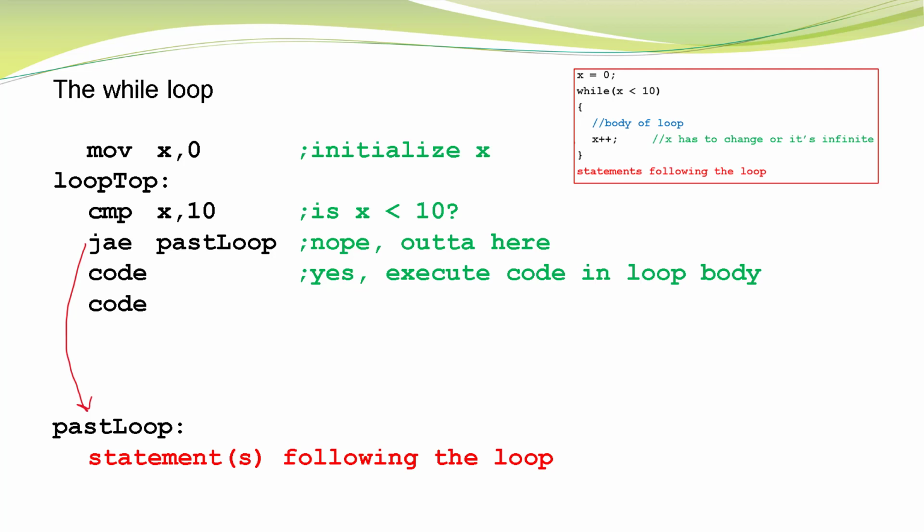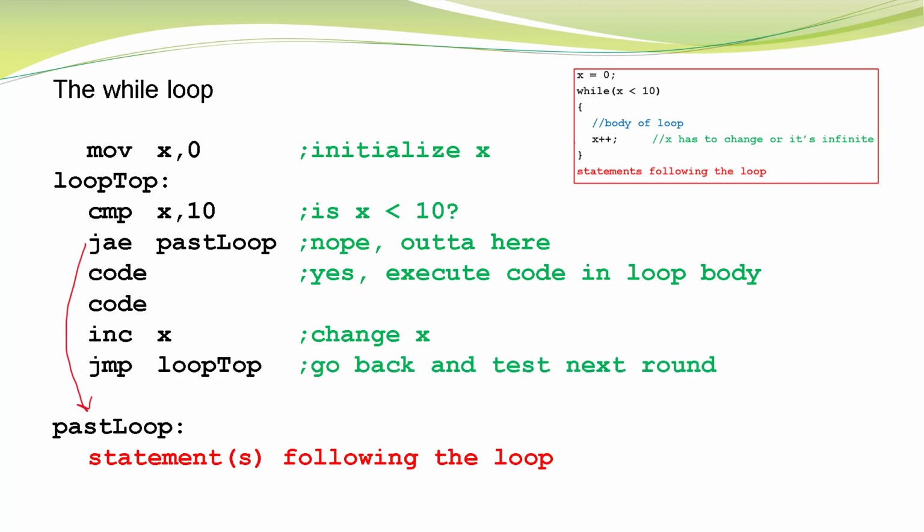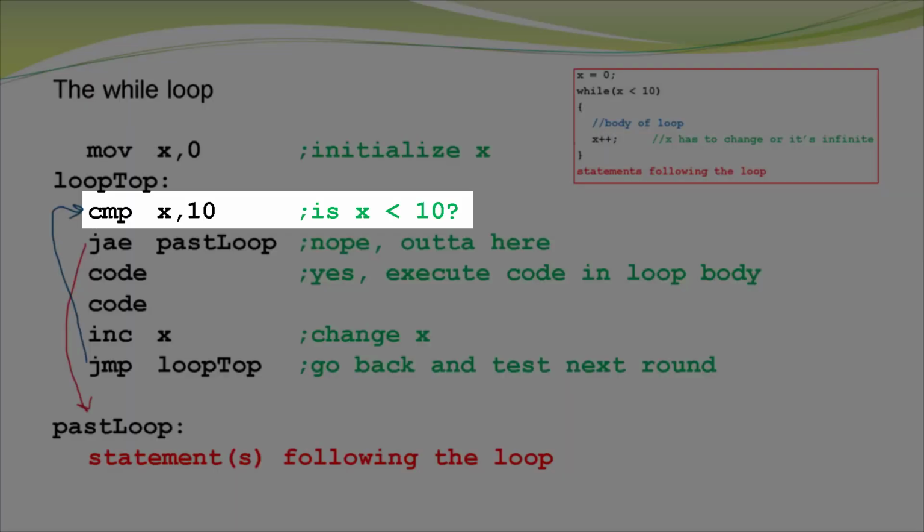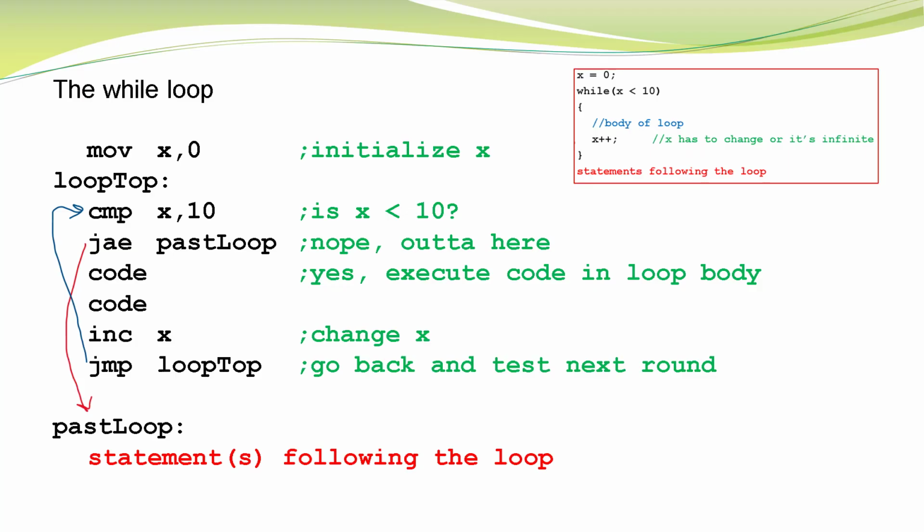Somewhere in the loop body, we have to change x to make sure the loop is not infinite. To match our example code, we're incrementing x. Right after that, we jump back to the top of the loop so we can check the condition again. Take one more look at where the condition's being checked. For a while loop, it's always at the top of the loop.